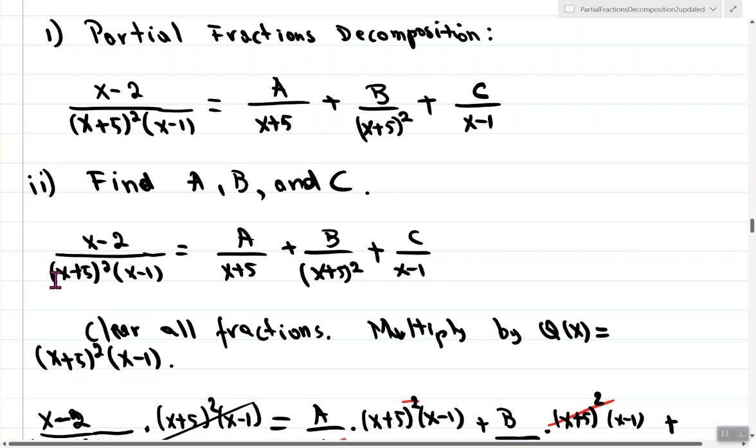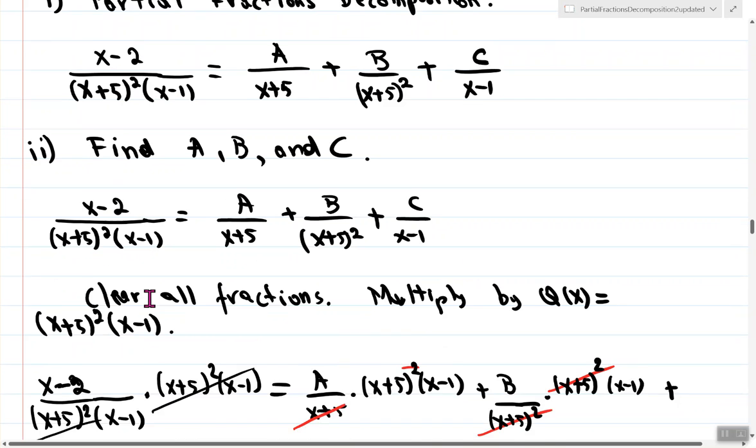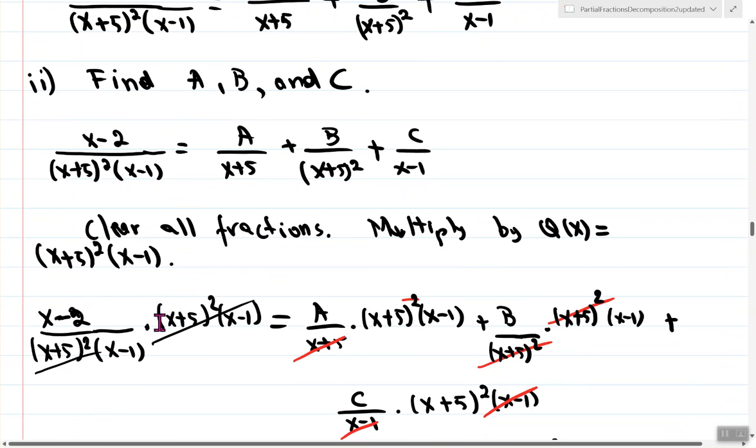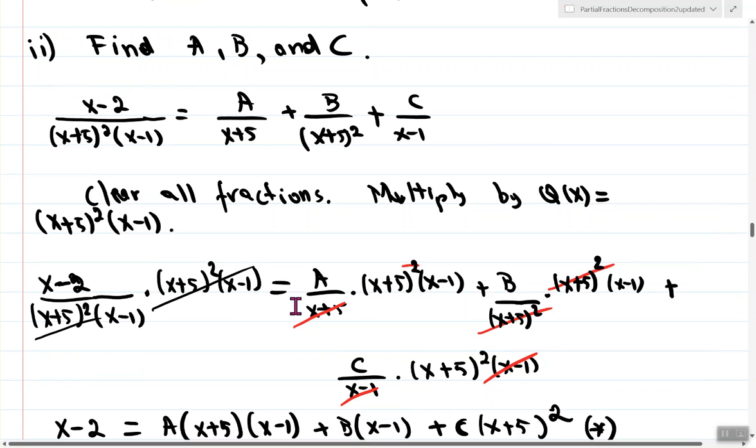So q of x here is quantity x plus 5 squared times quantity x minus 1. So we multiply both sides. We multiply the left side, and then we multiply the right side. We're going to multiply the denominator q of x by each of those partial fractions.